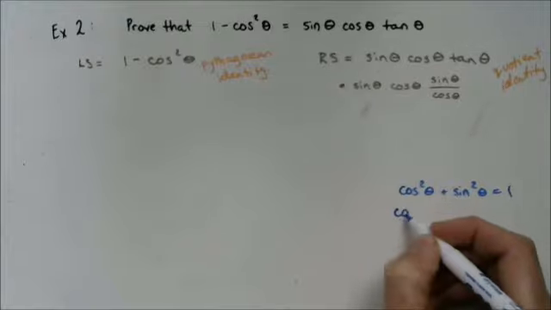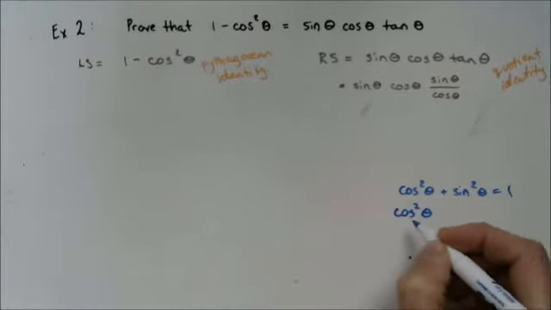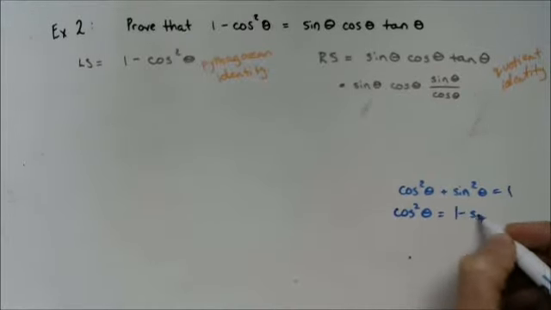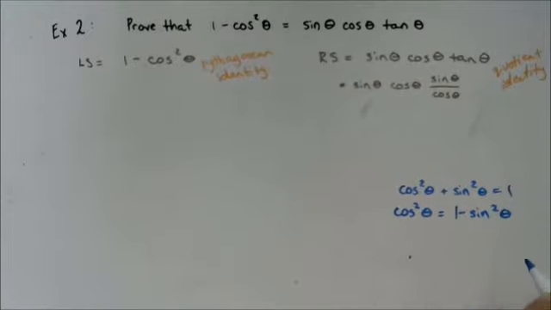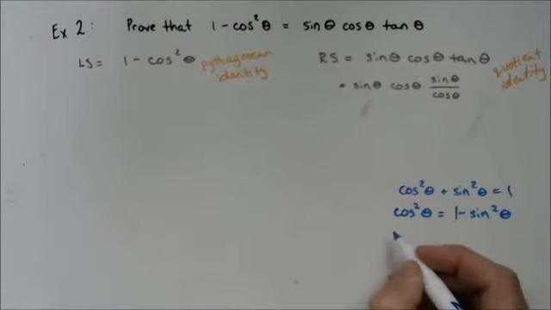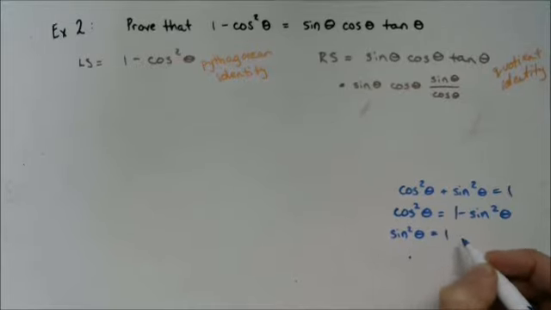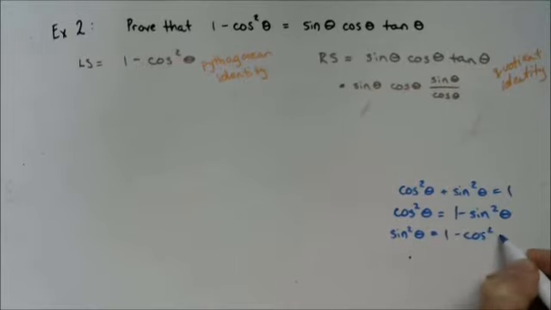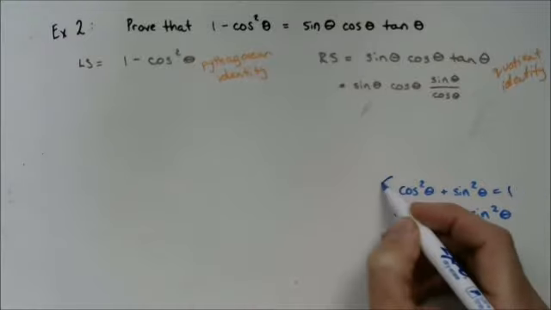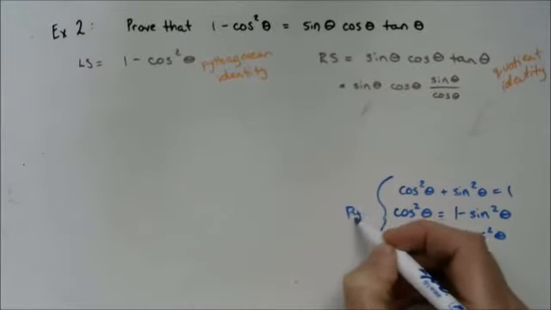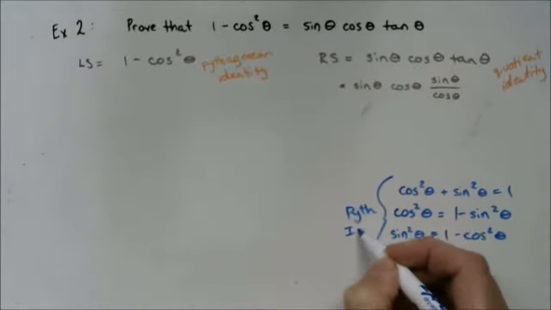I'd get the cosine squared is equal to 1 minus sine squared theta. Well, what if I subtracted cosine squared from both sides? I'd get that the sine squared of theta is equal to 1 minus the cosine squared of theta, and all of those just come from the Pythagorean identity.